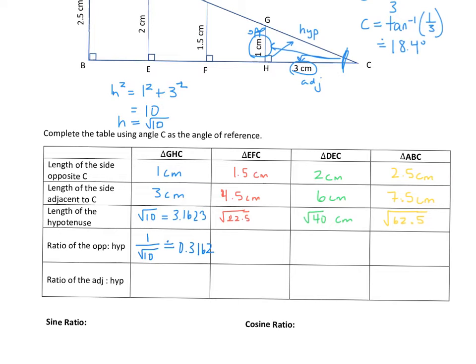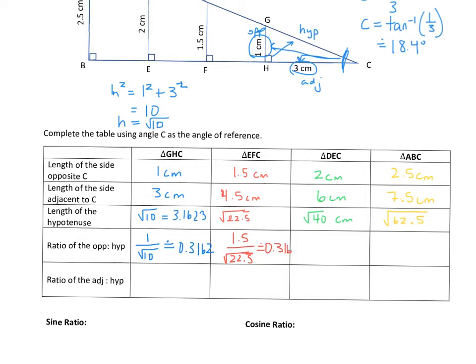And then the second one, if I do the ratio of the opposite, that's 1.5 divided by the square root of 22.5. And then when we do that actual division, again, we get that consistent ratio of side lengths.